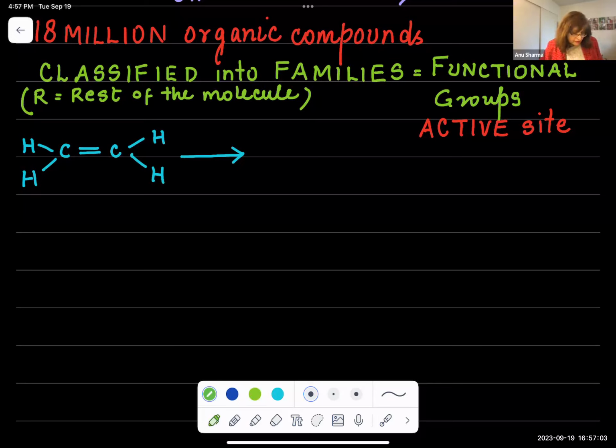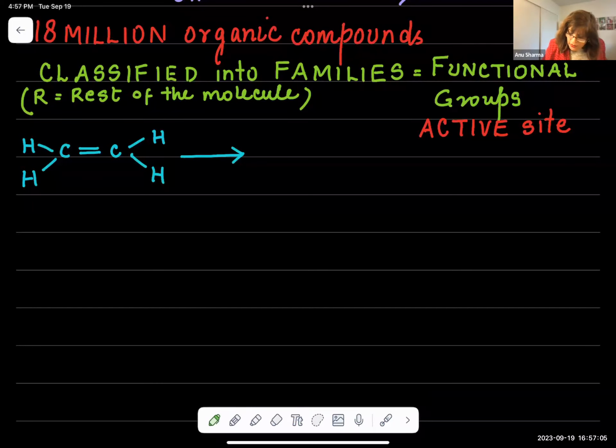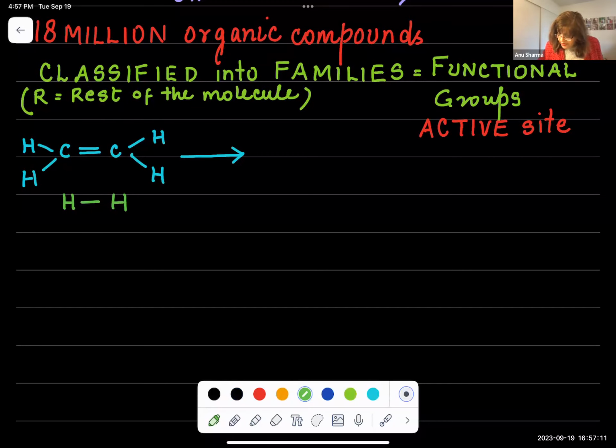Now, two carbon. Now on this, when this reacts with hydrogen, what happens? So here it's very interesting. This hydrogen attaches here. This hydrogen comes and attaches here. So then what is formed?